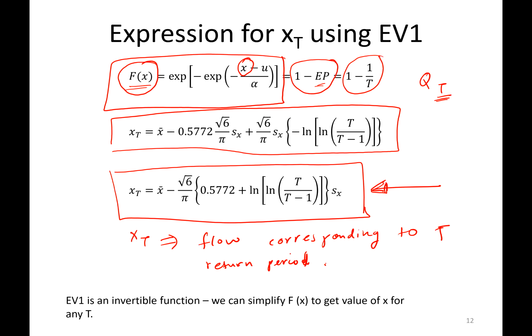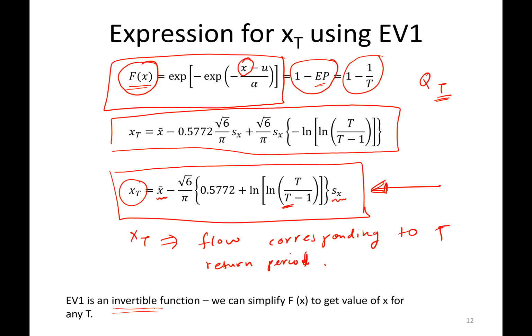So if you're performing flood frequency analysis using EV1 distribution, all you need to know is the sample mean, the sample standard deviation, and the return period for which you want to get the discharge. Once you have that, this will give you the discharge corresponding to T. Okay. So one good thing about the EV1 distribution is that it is invertible.